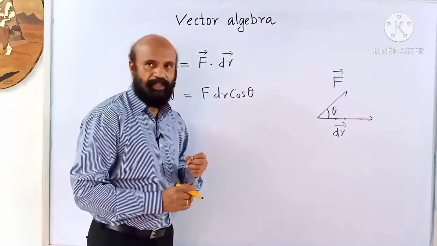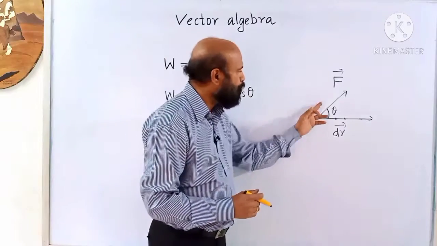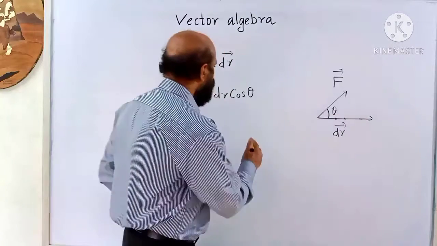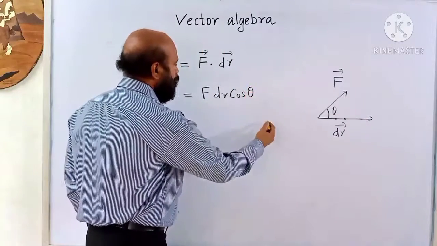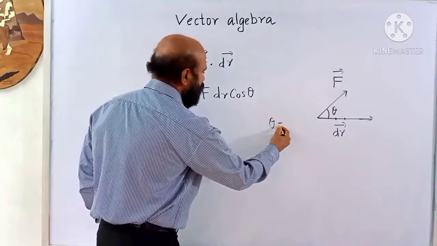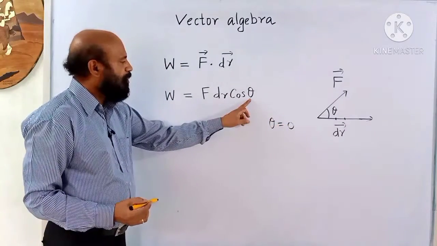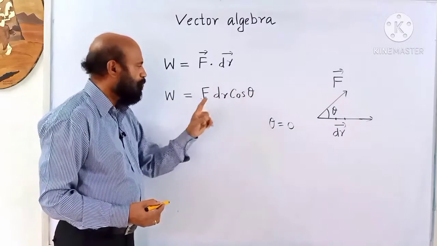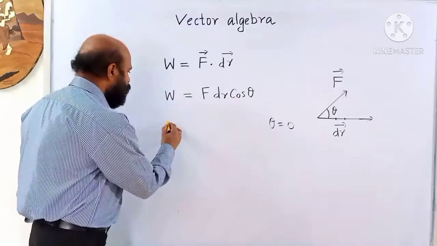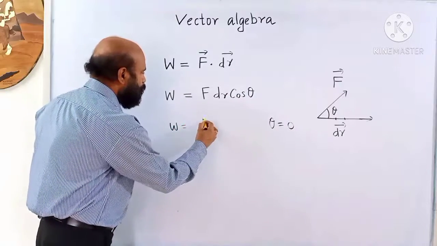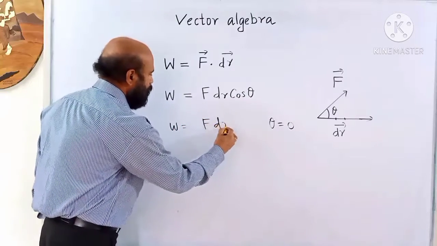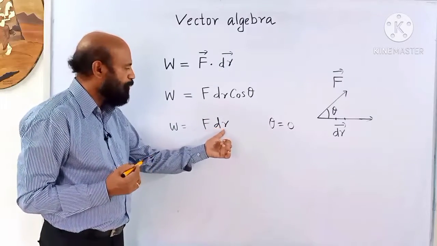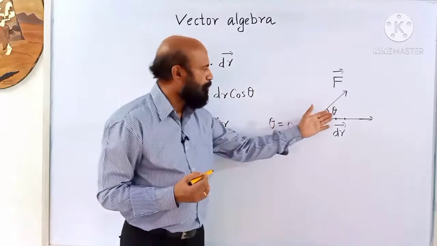Now let us see some special cases. Suppose the force and displacement both are in the same direction, then theta will be 0. Cos 0 is 1, so work done is F into dr. Force you have to multiply by the displacement when both are in the same direction.